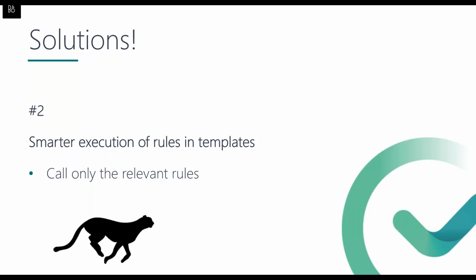That's why our smart software engineers came up with a solution and a new algorithm that basically says, make sure that the on-change rules that are not necessary are not called at the moment of loading of the questionnaires. So now you can choose an option to use this smarter execution of the rules, and that should decrease the time of opening of the template quite significantly.